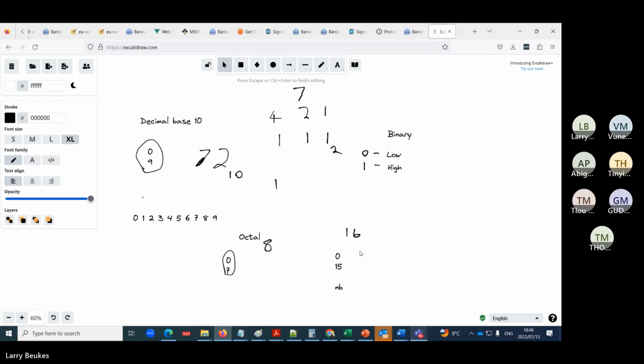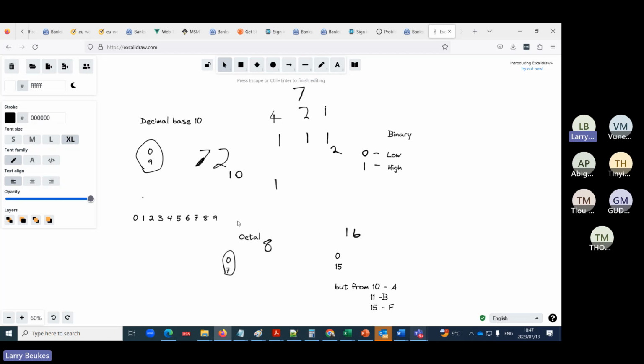But from 10, 10 is an A, 11 is a B, 12 is a C, 13 is a D, 14 is an E, and 15, the last one, is an F, right? So let me show you what I mean.